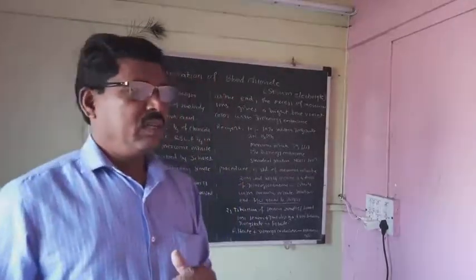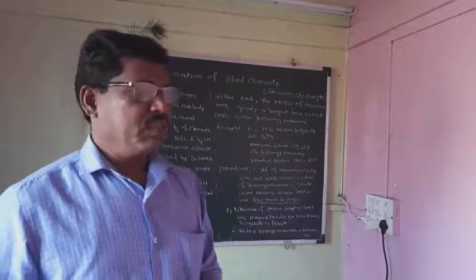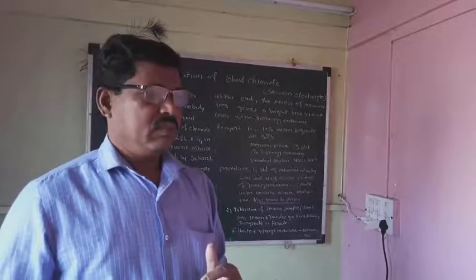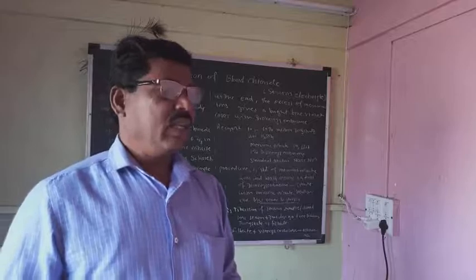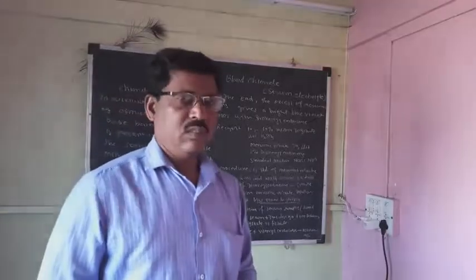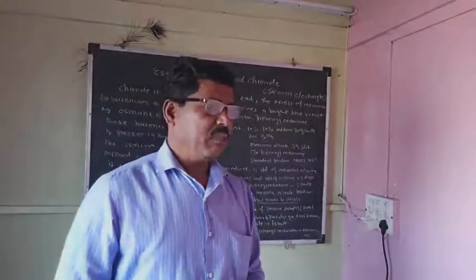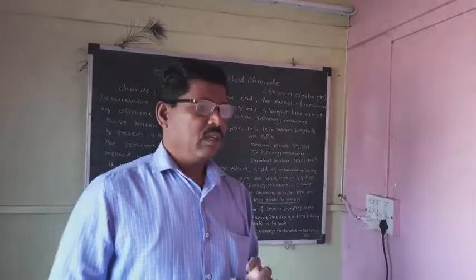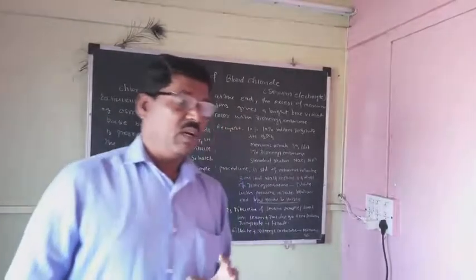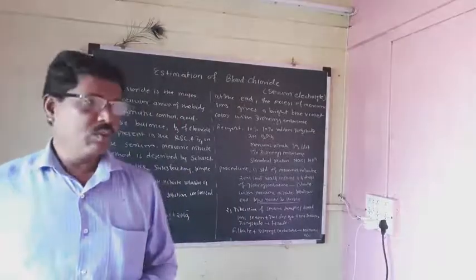The serum is separated by centrifuge, and third method is the collection of blood for carbon dioxide analysis, and fourth method the analysis of the blood for the glucose analysis.